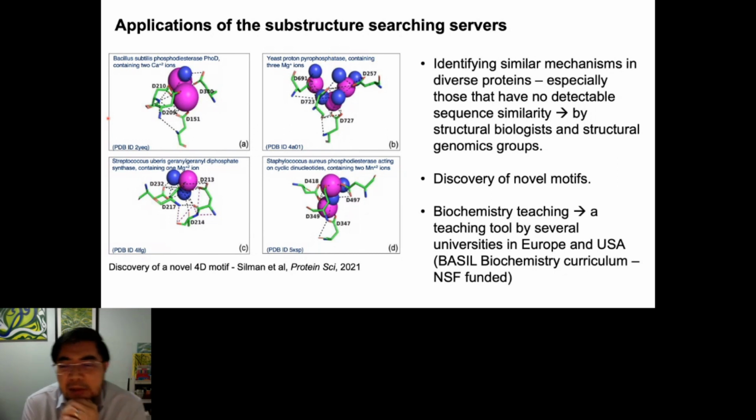Another thing that surprised us is that this particular tool that we developed for substructure searching is actually in use by several universities in Europe and the States as part of the basic biochemistry curriculum.